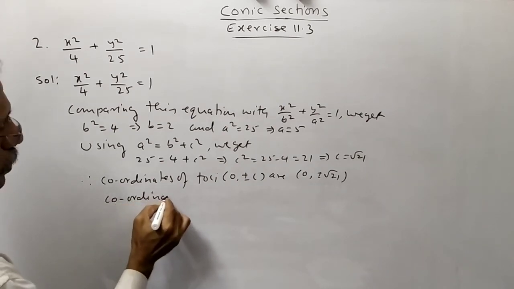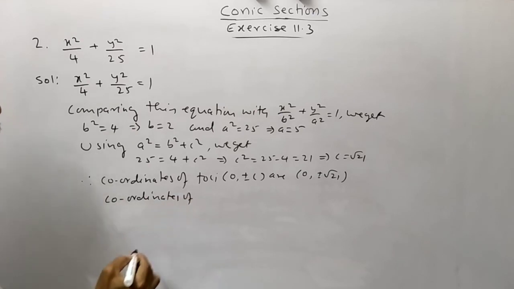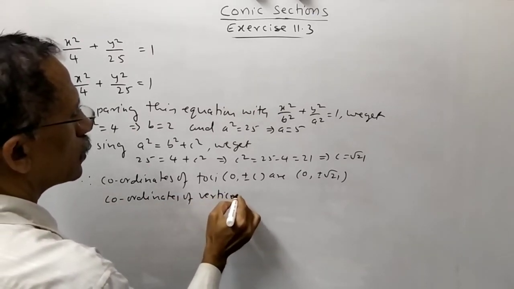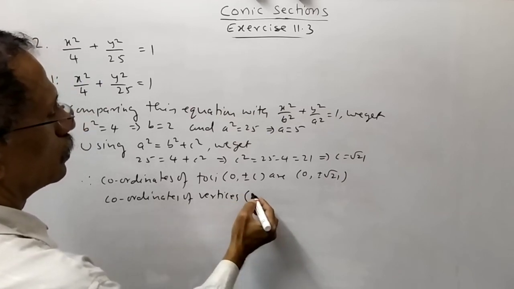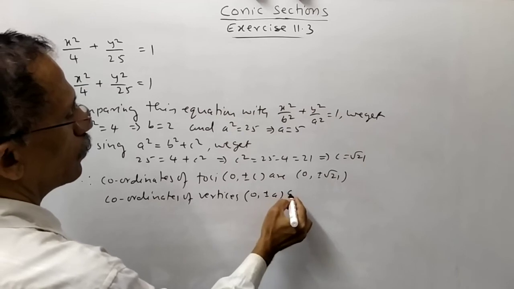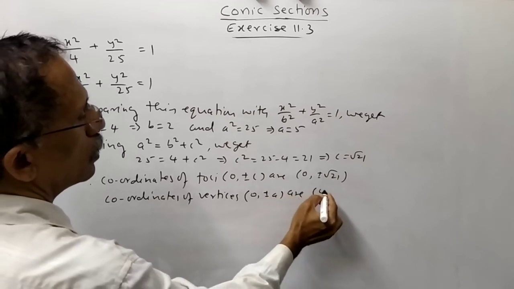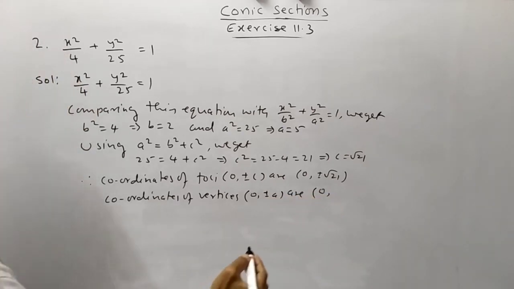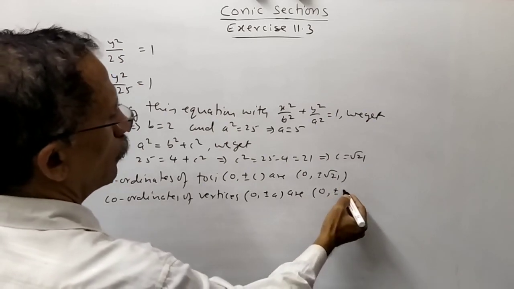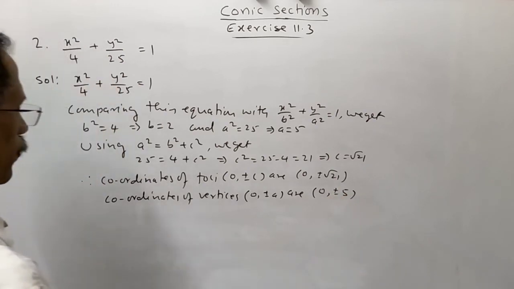Coordinates of vertices 0, plus or minus a or 0, plus or minus 5.